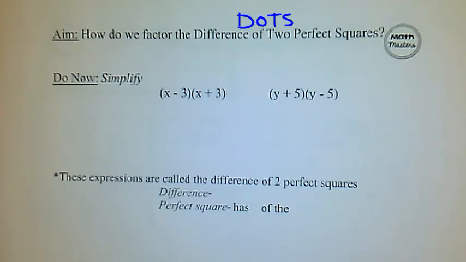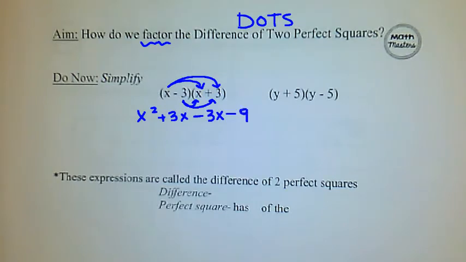So before we get started on how to factor, remember that FOILing or distributing is the opposite. So let's simplify these two examples. If we simplify x minus 3 times x plus 3 using FOIL, we would get x squared plus 3x minus 3x minus 9.